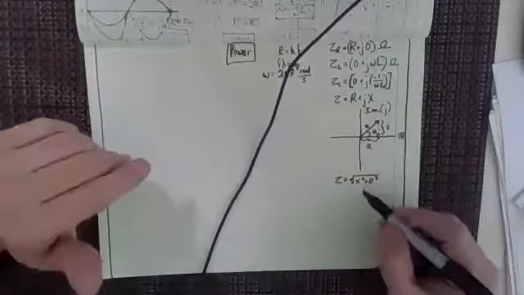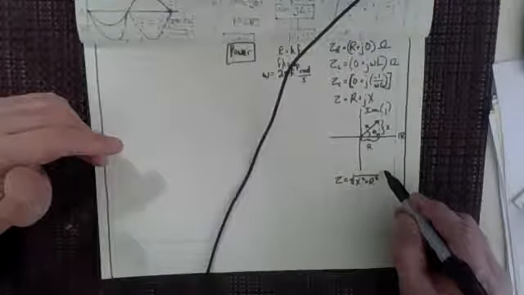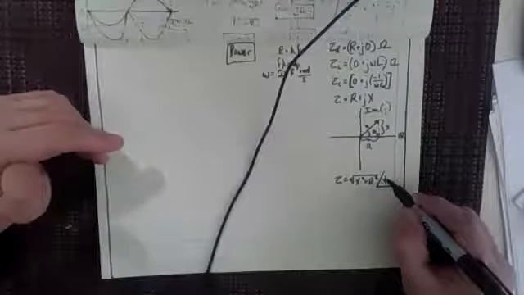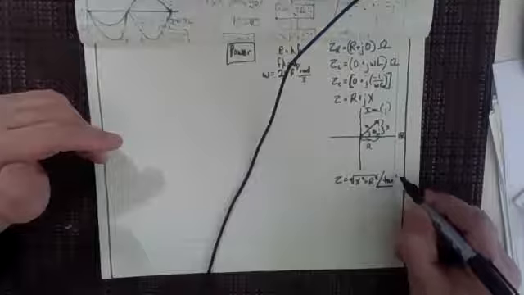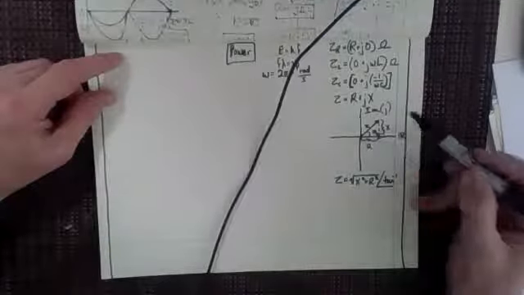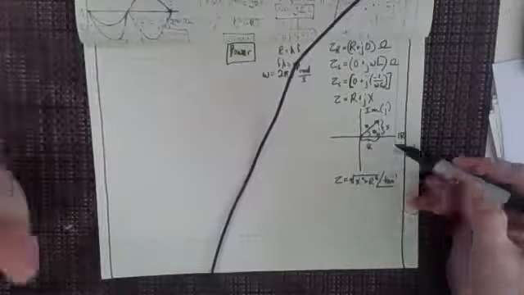Now, to get the angle, the angle would just be the inverse tangent. Why do I say inverse tangent? Because if I've got the angle here, the tangent of that angle is X over R, right? Everybody knows that.